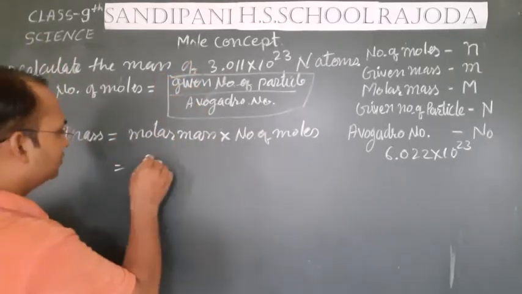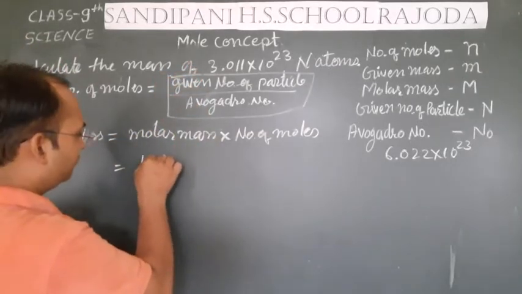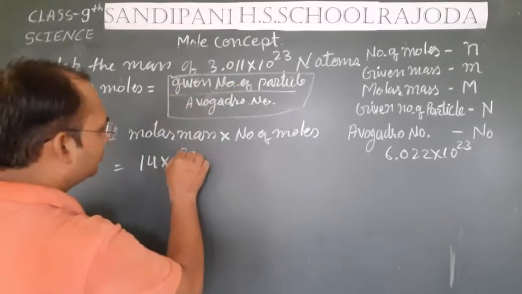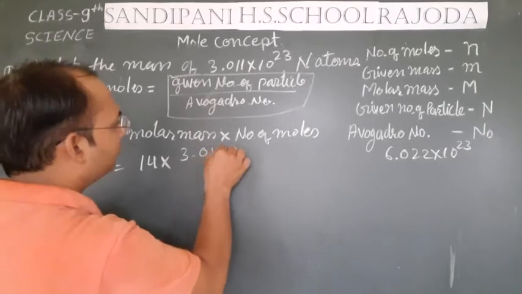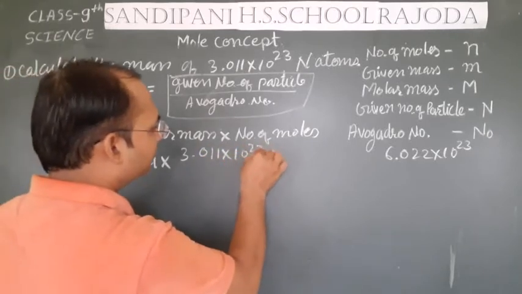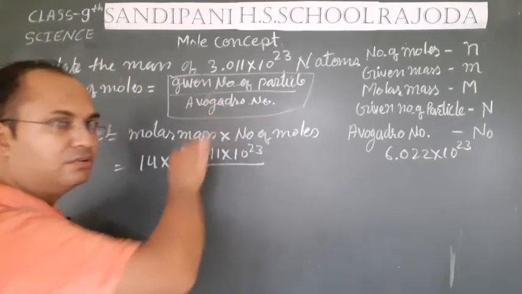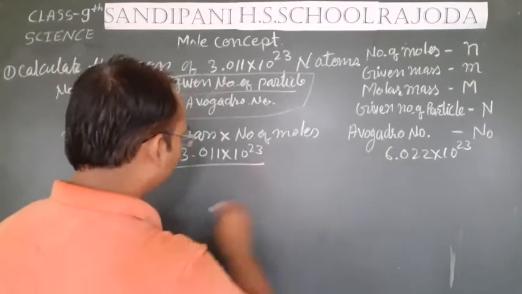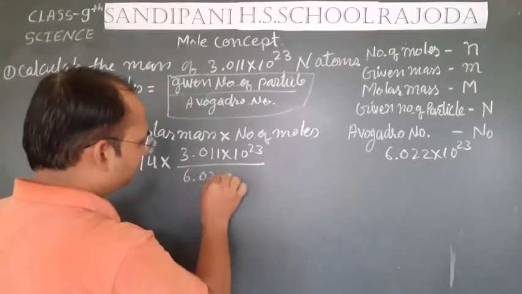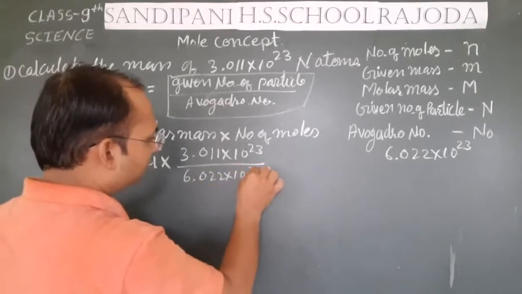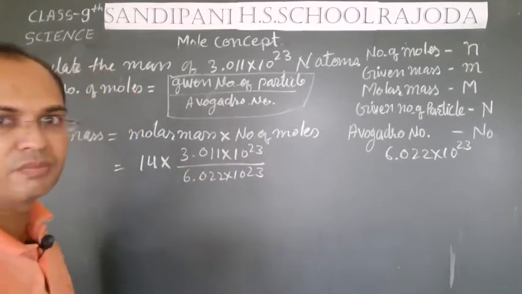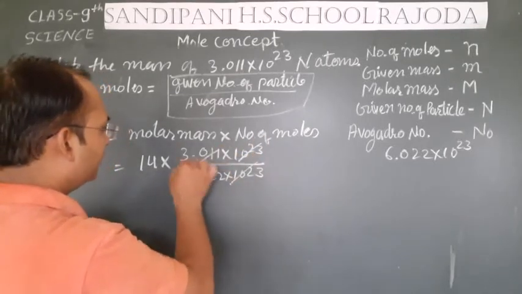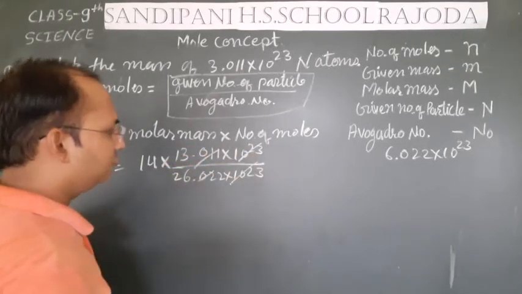So here molar mass 14 multiplied by the given number of particles, 3.011 into 10 to the power 23, upon Avogadro number, and the value of the Avogadro number is 6.022 into 10 to the power 23. If we cancel them, it will be equal to 1 upon 2.